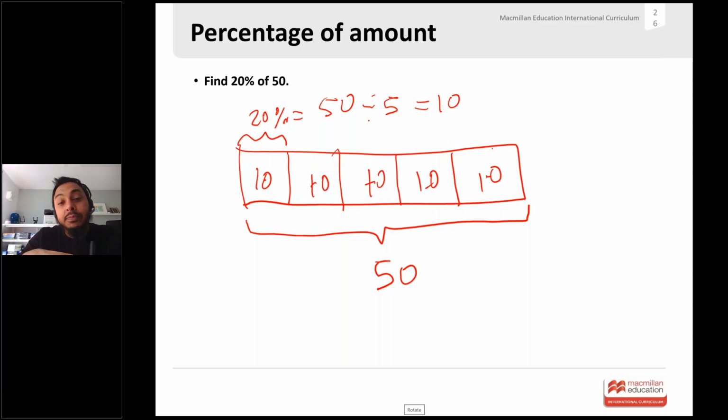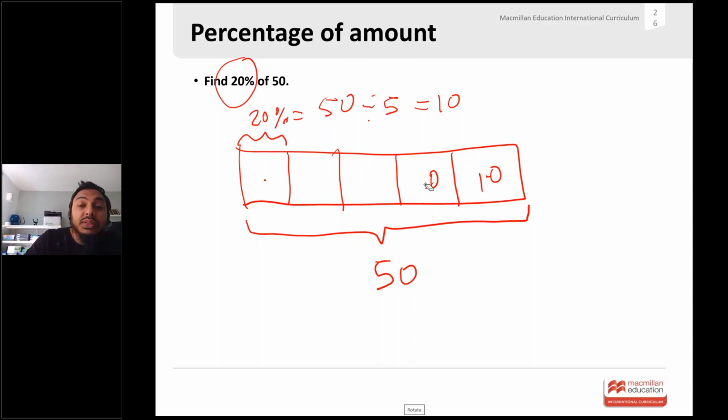So here, 20% is what we focused on because the question talks about 20%. But you can change that around and say, well, if these are 20%, then half of that must be 10%. So all of these are 10%. There are 10 bars of 10%, that makes 100%.